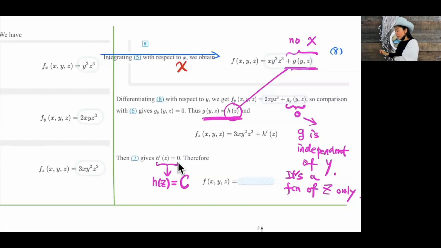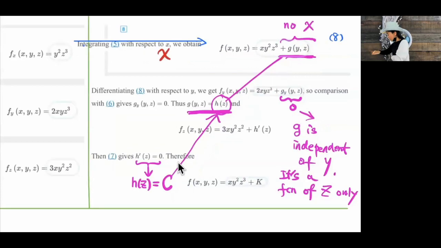Now after that, you can put it back. So we put all the information back together. Oh, they use k, so I'm going to just use k to go with it. So it's this k over here.